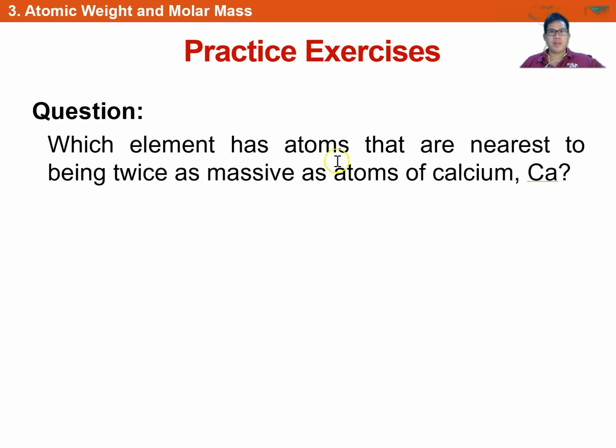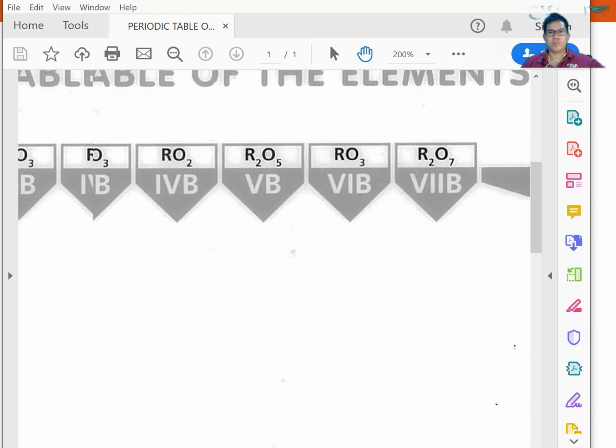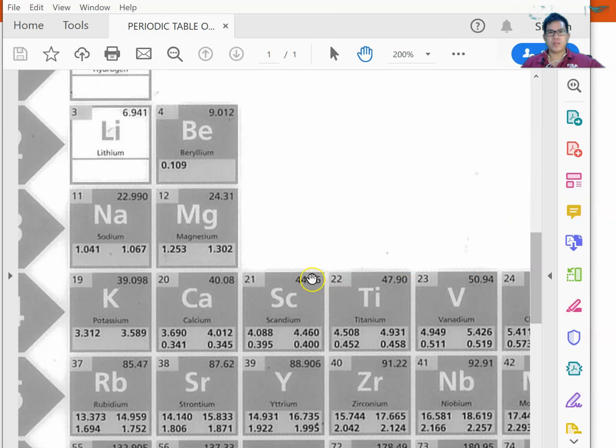Which element has atoms that are nearest to being twice as massive as atoms of calcium? Calcium is 40.08.